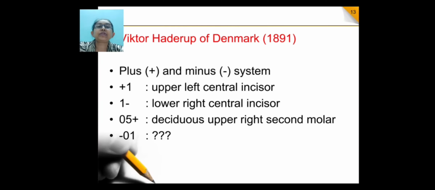Similarly, if it is 05 plus, it means deciduous upper right second molar. Now what would be minus 01? Since 0 is there, it is deciduous. Minus means it is lower. 1 is the central incisor. So it is deciduous lower left central incisor.